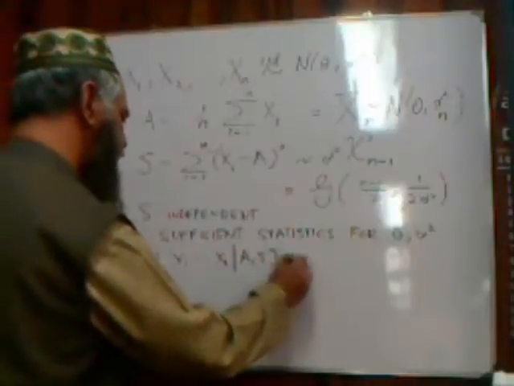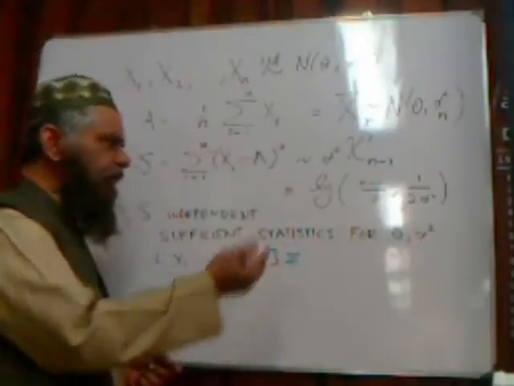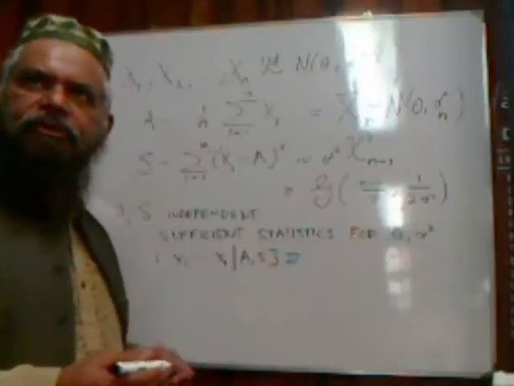The data generating process is that there is a conditional distribution of x1 to xn given A and S. This distribution does not depend on any unknown parameters. It's a known distribution. So this is the data generating process, and that is known, and so we can generate data from this process.